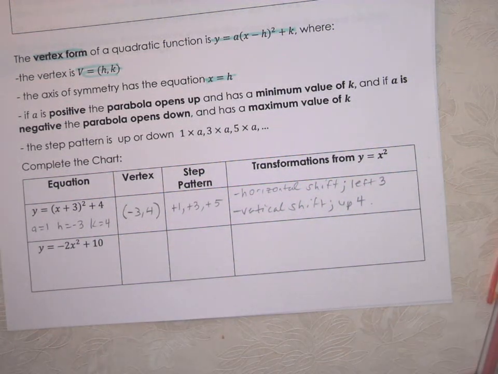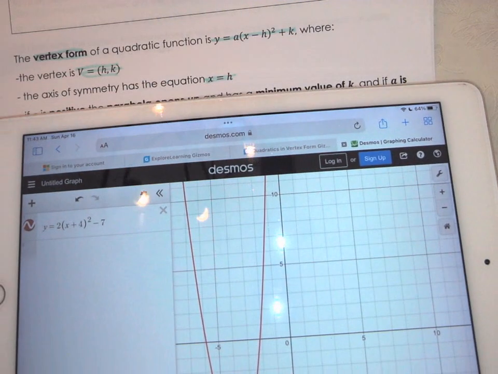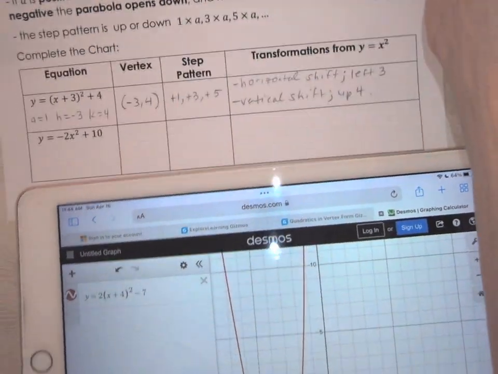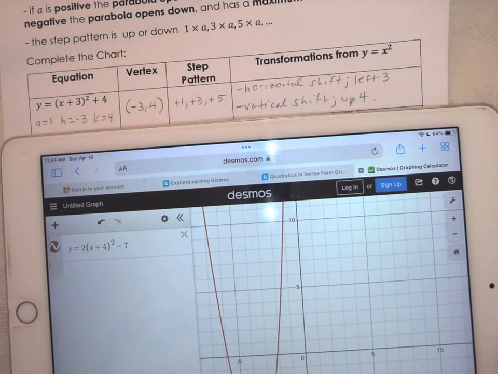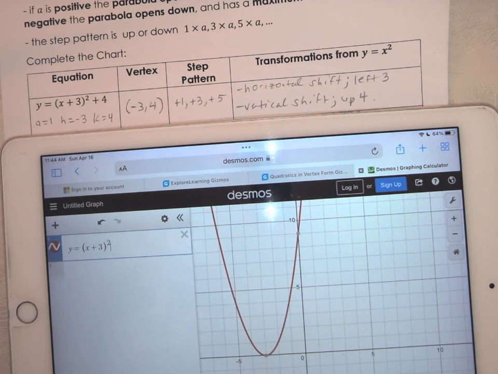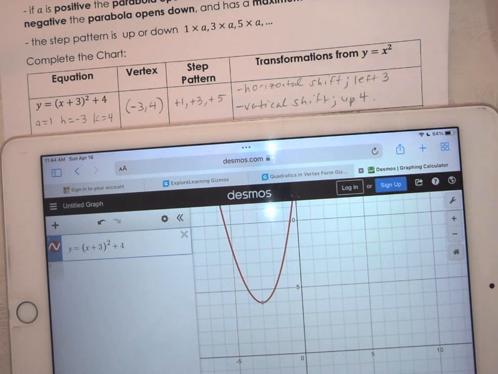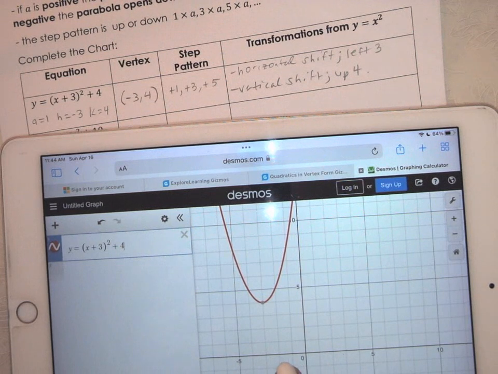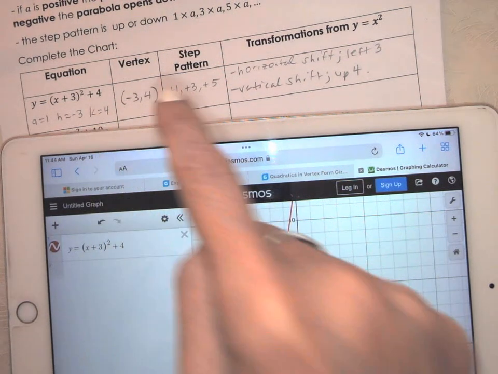Now, again, if you were not too sure about this stuff yet and not too confident with it, you could type this equation into your Desmos graphing calculator. I'll delete this and type in y equals (x + 3) squared + 4. It shows you the parabola, and the vertex is at -3 and 4, which is what we had.